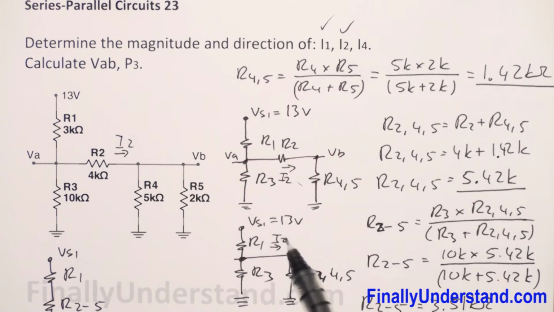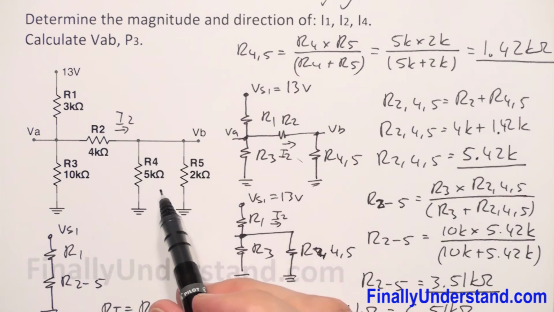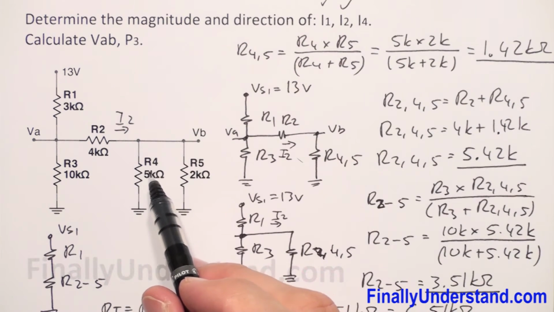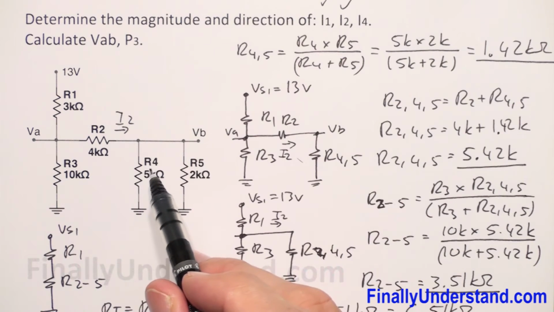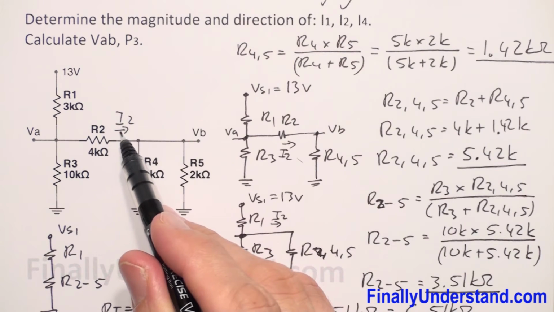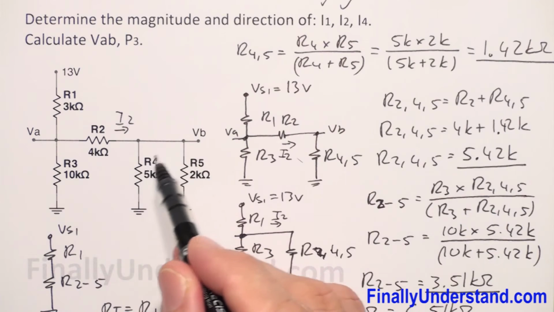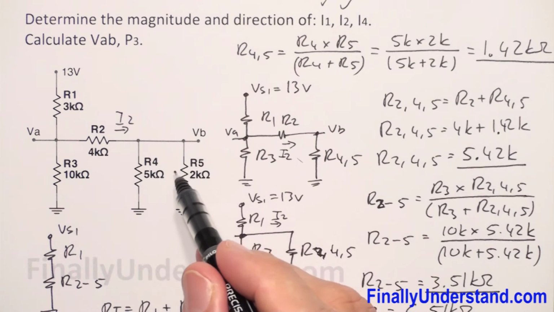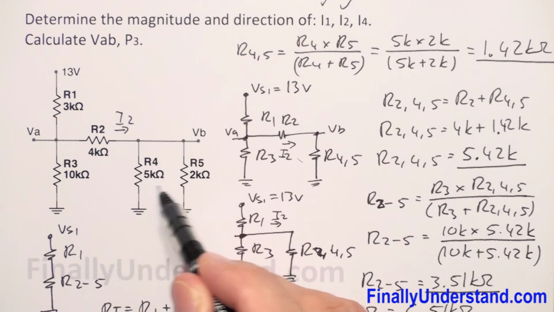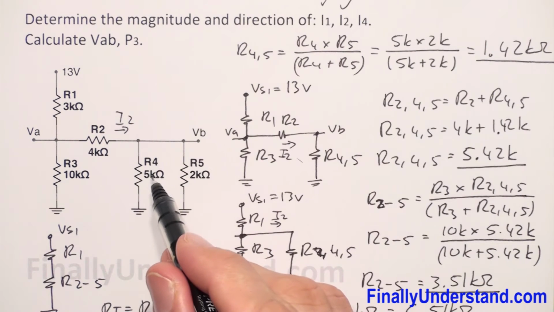Next, I'm supposed to find the current which will flow through the resistor R4. Okay, again we have a current which is going to split into 2 currents. So again I'm going to use the current divider rule in order to find I4.